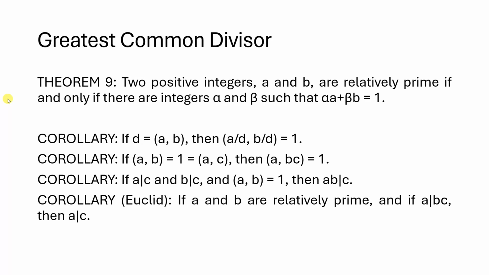Another corollary, if a divides c and b divides c, and the GCD of a and b is equal to 1, then ab divides c. And another corollary, if a and b are relatively prime, and if a divides bc, then a divides c.